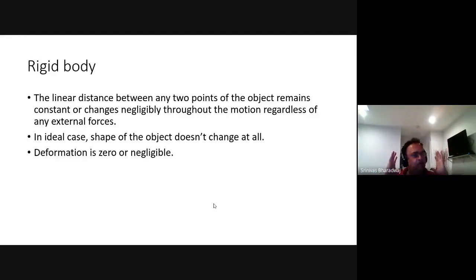Most of the bodies in most of the problems in physics you deal with are rigid bodies if they don't tell you otherwise. Unless they tell you it has deformed and become like putty or like ice cream or like a banana, right? Unless they tell you it's one of these things, it is definitely a rigid body.